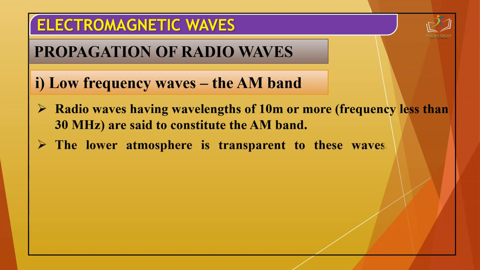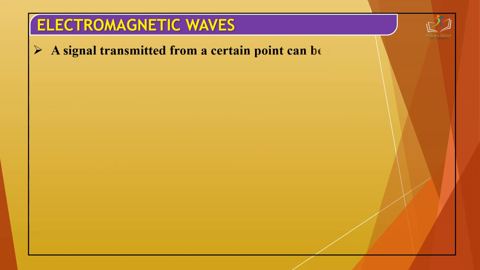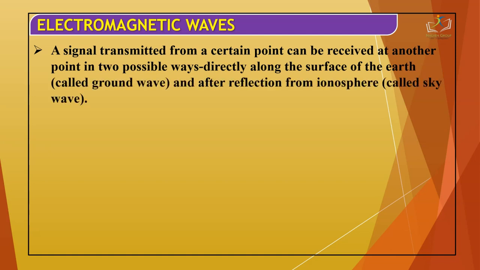The lower atmosphere is transparent to these waves, but the ionosphere reflects them back. A signal transmitted from a certain point can be received at another point directly along the surface of the earth, which is called ground wave, and after reflection from the ionosphere, called sky waves.